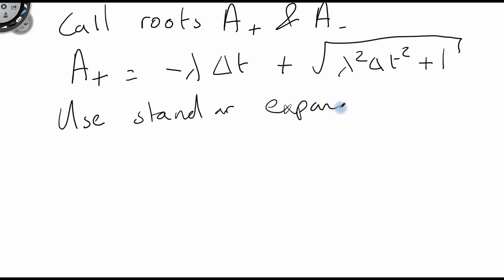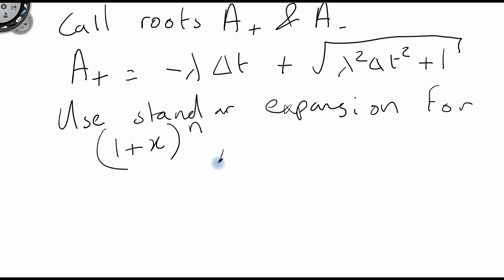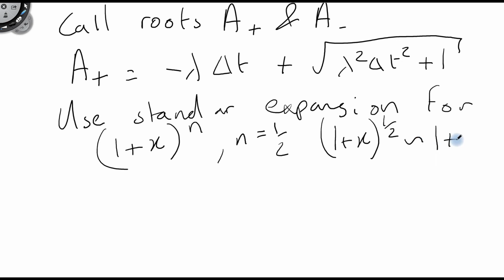The standard expansion for 1 plus x to the n, where n is a half. So that gives 1 plus x to the half is approximately 1 plus x on 2 plus the other terms.